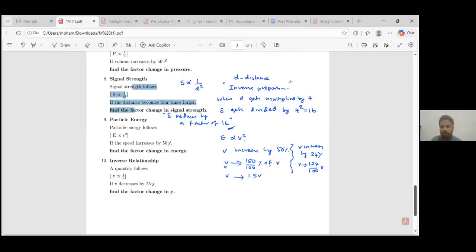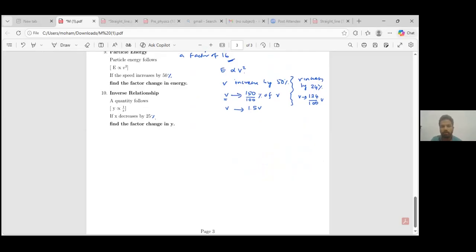Now we can see, they said E is proportional to V squared, right? Now initially E is, let's say E itself. Initially it's E for V. So this is the first relationship, the initial situation.